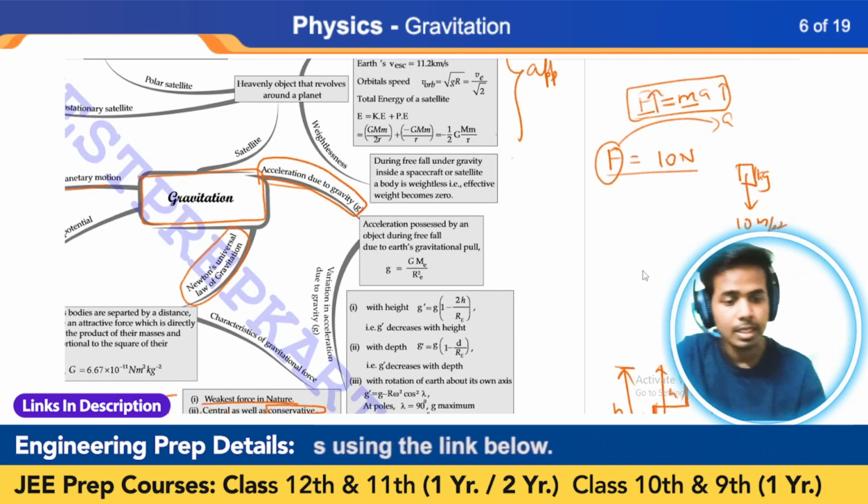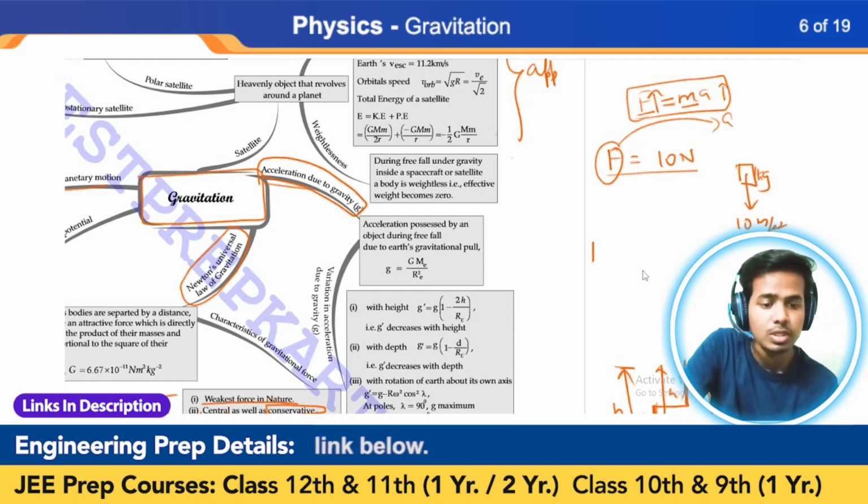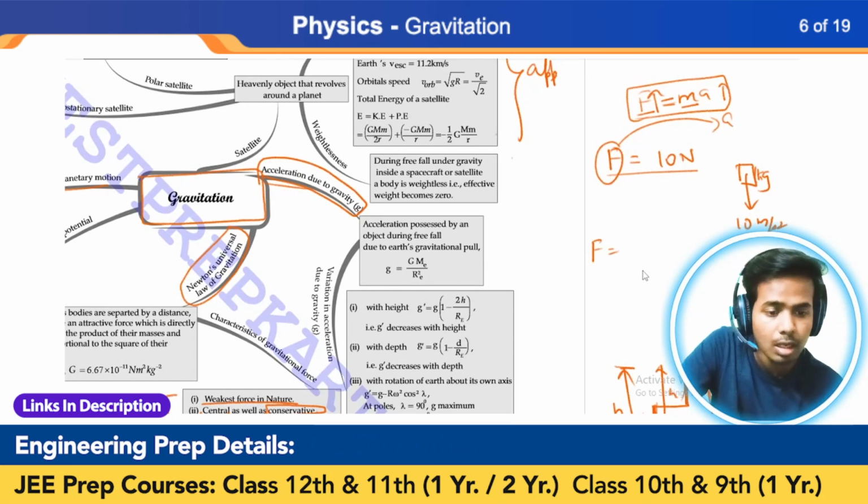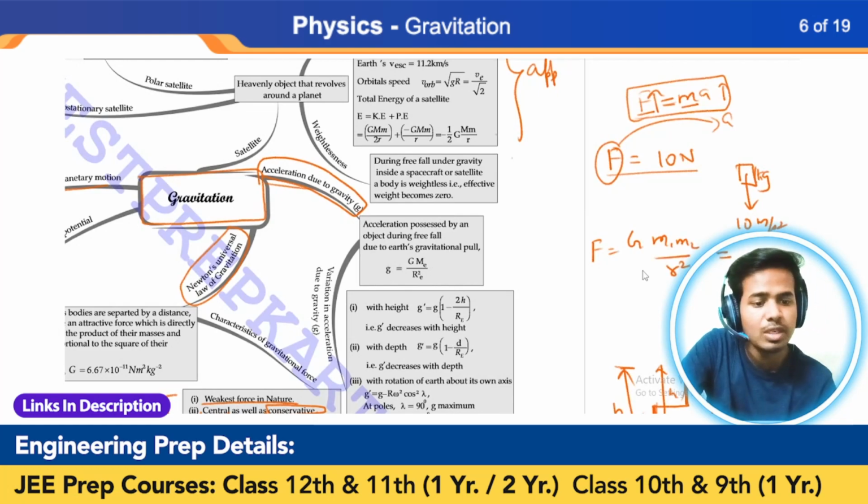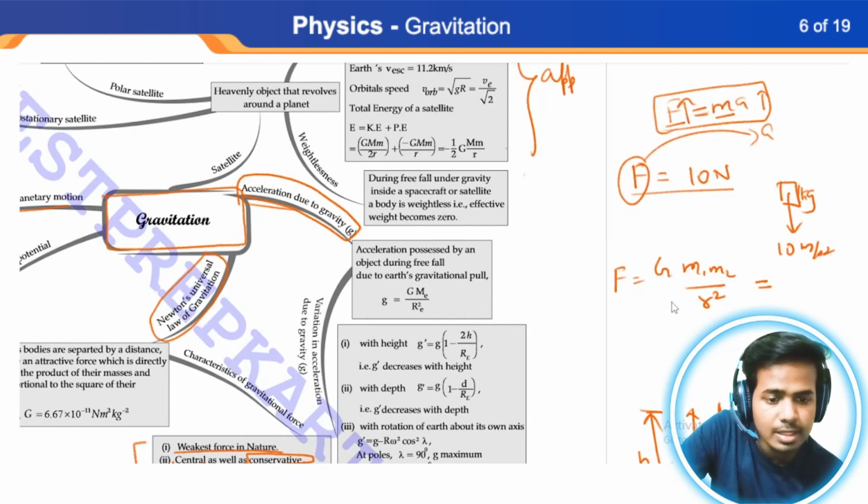In the same manner, if you have a gravitational force which is G into m1 m2 divided by r square, and we are calling this m1 and this one m2.